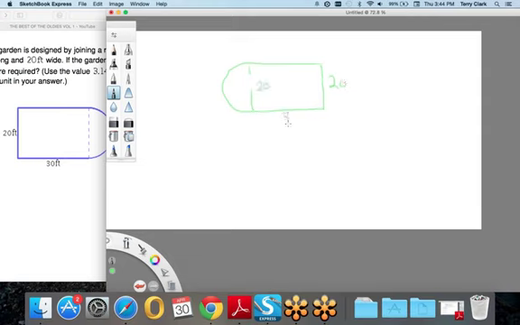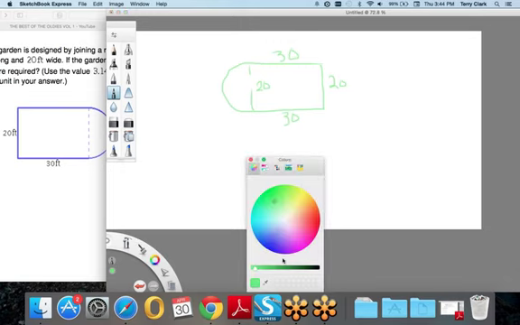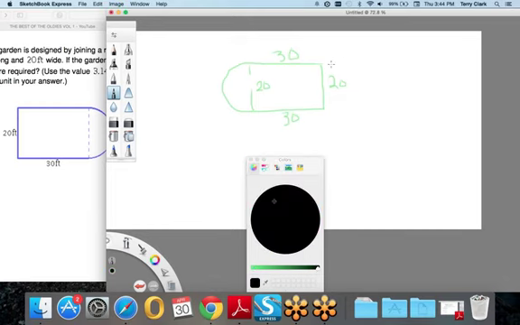Then of course we'll have 30 here. If there's 30 there, there's going to be 30 here as well. Now what we're going to need for the perimeter is the outside stuff. So we only need that.